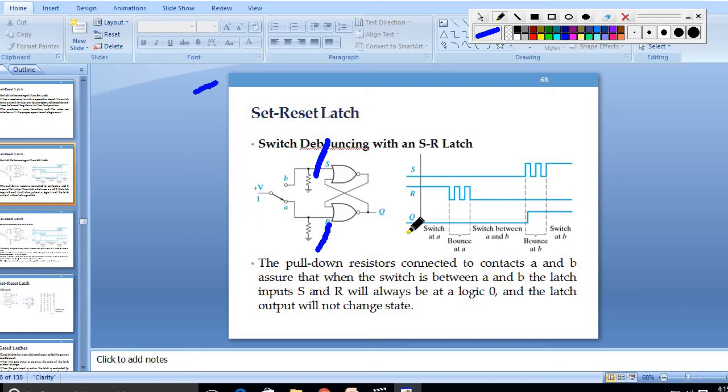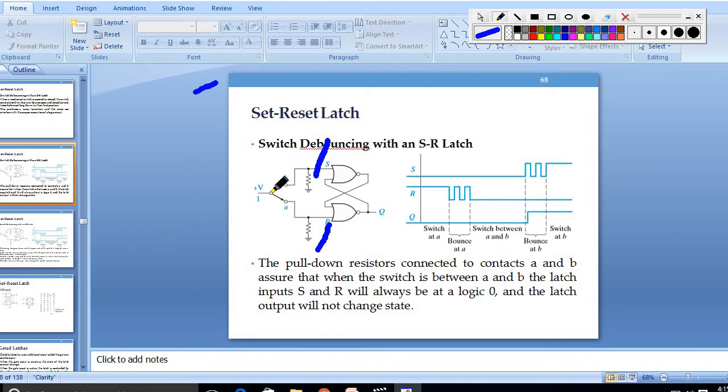Switch debouncing concept. This one is the S input and this one is the R input. If the switch is connected to A, then R will bounce at A. It is between A and B, like this.